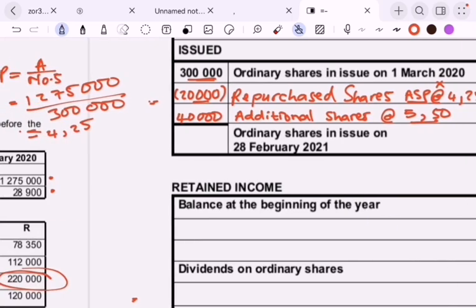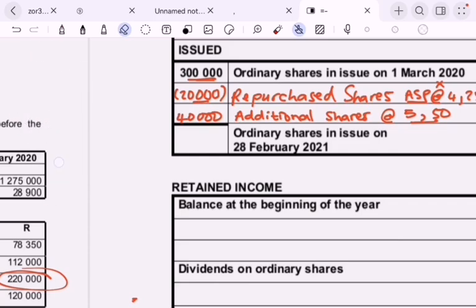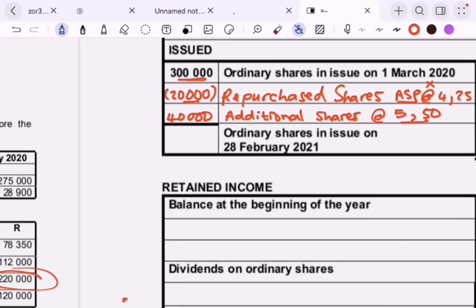Beautiful. So here, there's not much complication like other question papers, but we will be going through that as time goes by. So you want to see your 300,000 minus your 20,000 plus your 40,000. Just like that. So let us quickly calculate it.